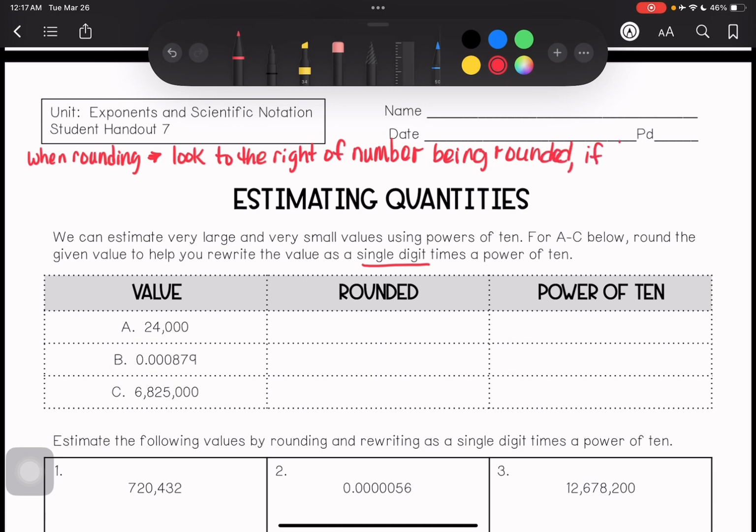And if the number is 5 or more, increase the number by one value.